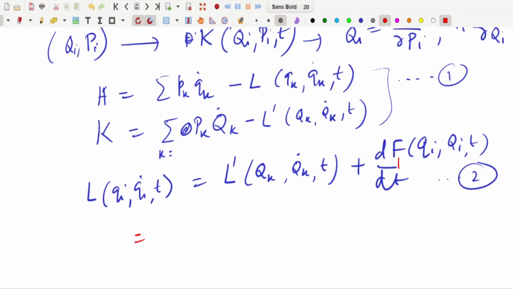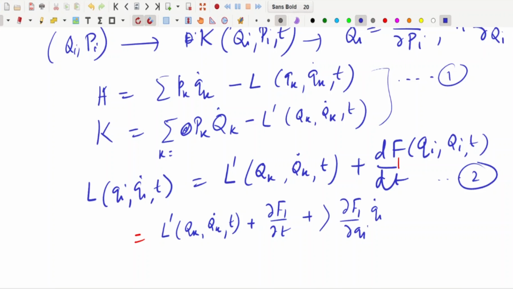Let me simplify the right hand side, which will be L prime of Qk, Qk dot, t plus del F1 del t plus, differentiating F1 with respect to qi, qi dot, the sum over i of del F1 del qi times qi dot, plus del F1 with respect to Qi, times Qi dot.